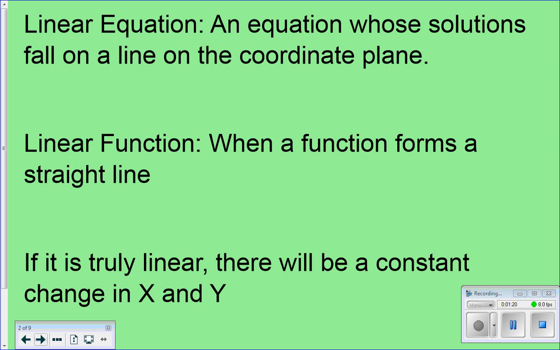Notice that linear equation and linear function are about the same thing. They both form straight lines. Anything that has linear in it is a straight line.